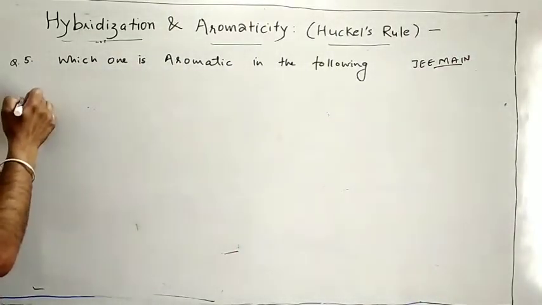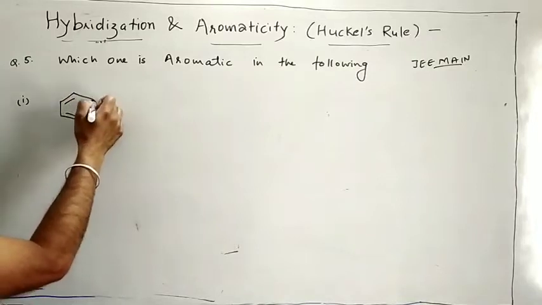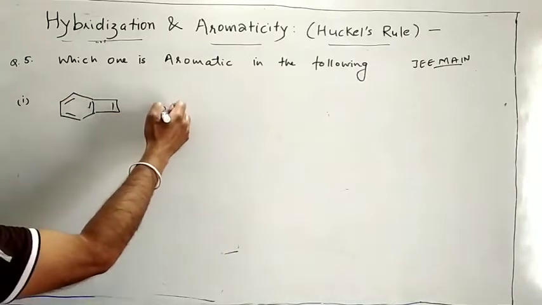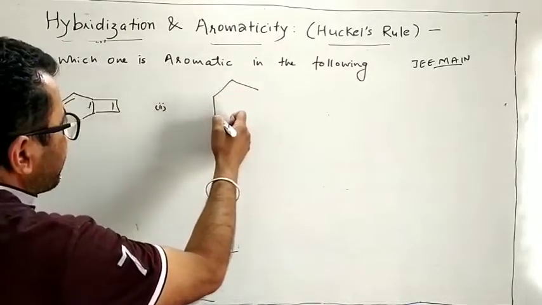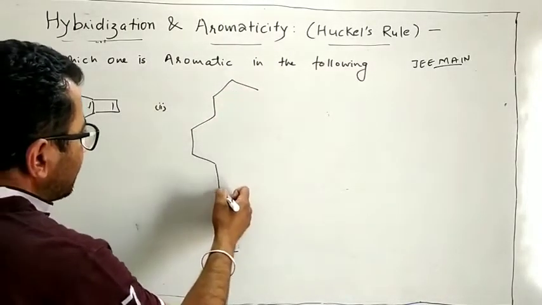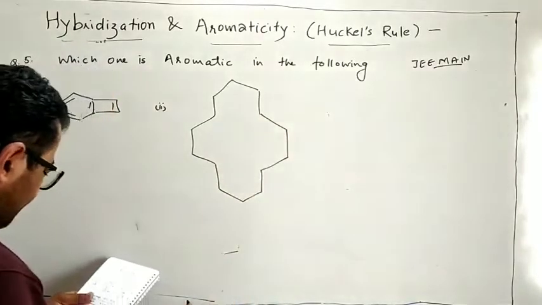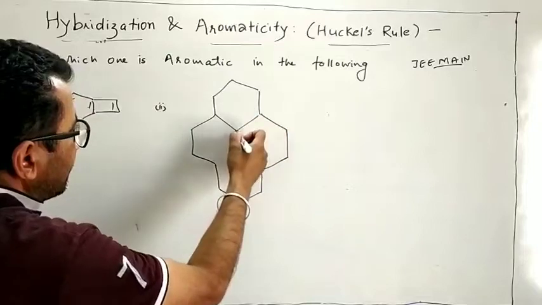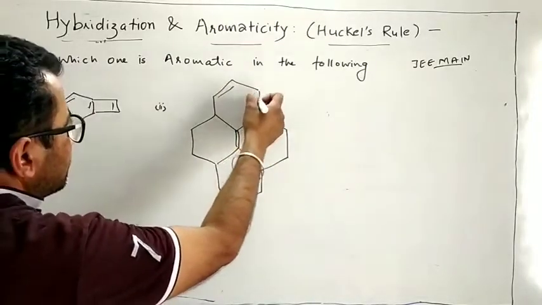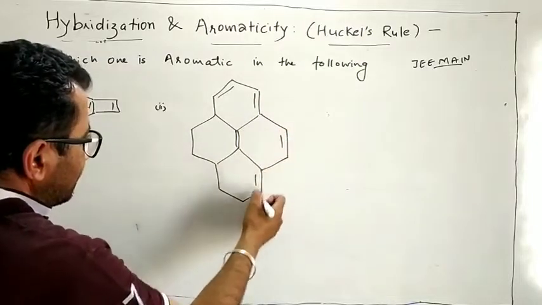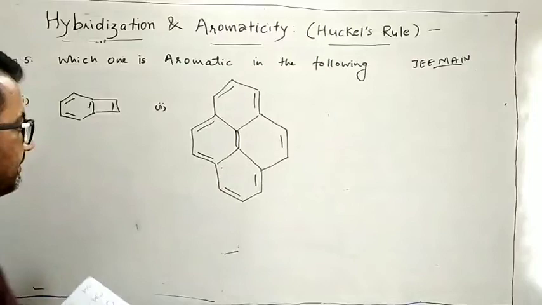Options are: number 1, a 6-member ring with a 4-member ring. Number 2 option is a compound like this, and we have 1 2 3 4 5 6 and 7.